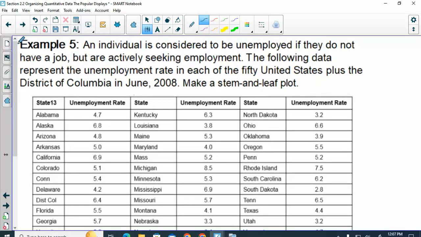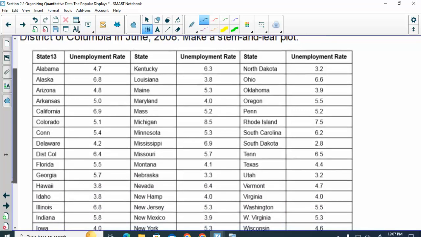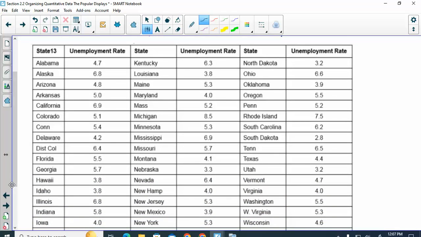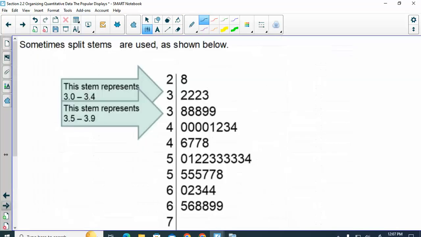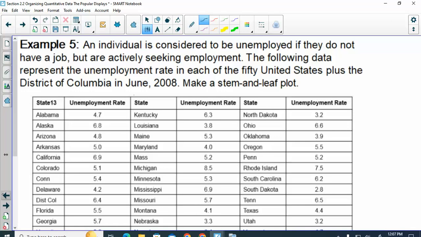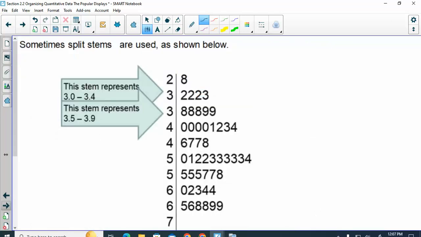This is unemployment data. It gives us for every state the unemployment rate. And then on the next slide, I gave you a stem and leaf plot. Now you notice my original data, 4.7. So on my stem and leaf plot, the 4 would be the left, the 7 would be the right.